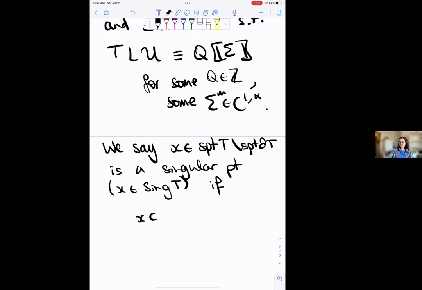So the singular points of our m-dimensional integral current are those where you can't find a neighborhood of this point such that in this neighborhood your surface is really a single smooth guy with some integer multiplicity.